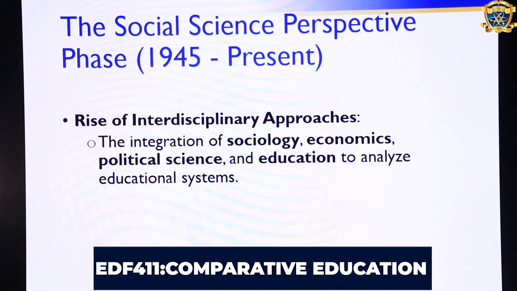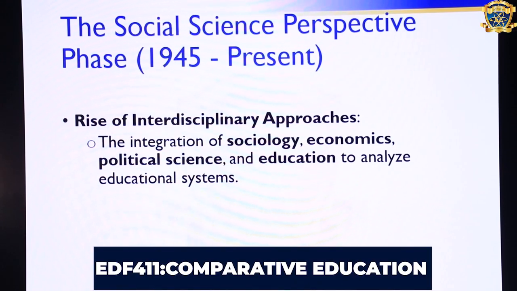So education was no longer studied in a vacuum. It became part of the wider social science. This first gave us some tools, some theories to deeply analyze educational systems. Why they work the way they do, and how they can be reformed.